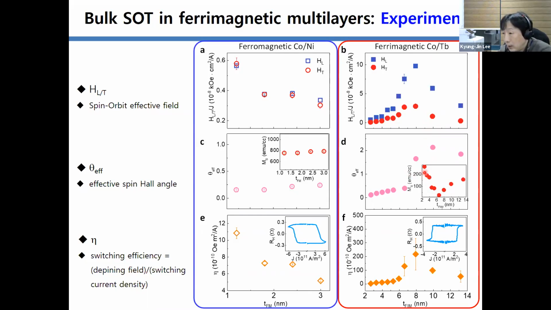For example, this Ms changes as a function of the thickness of the ferrimagnet, and around 7 nanometer, it is the magnetic moment compensation point. And around 7 nanometer, not exactly, but we have some kind of peak here, somewhat shifted, but still a peak. So this strange result, we do not know if it is caused by this thickness-dependent magnetic property or it comes from the long spin coherence length.